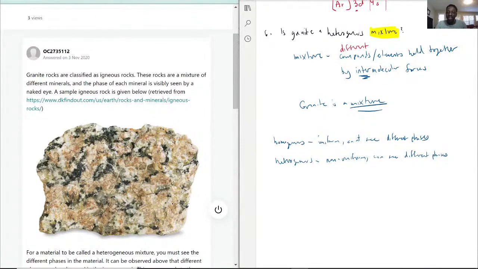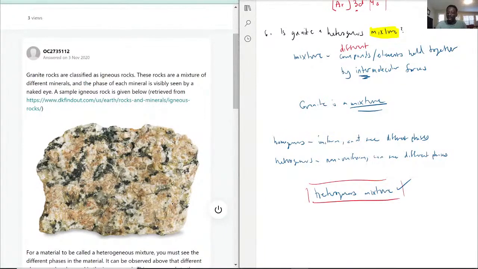So with all that being said, granite would be a heterogeneous mixture.